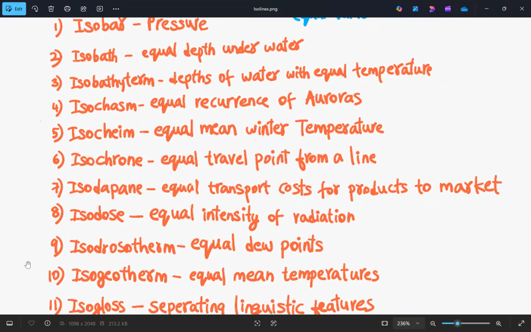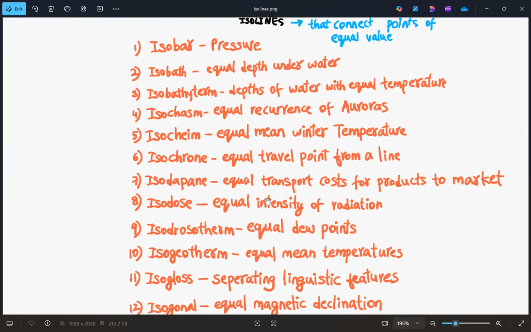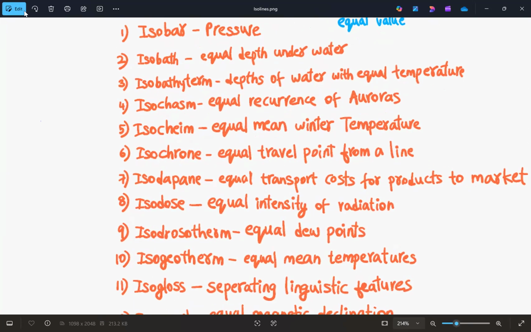And the next one is isodrosotherm. An isodrosotherm has equal dew points. What does an isodrosotherm have? Equal dew points. So let's remember it this way.